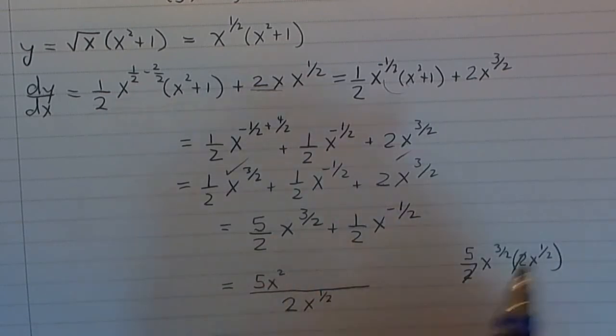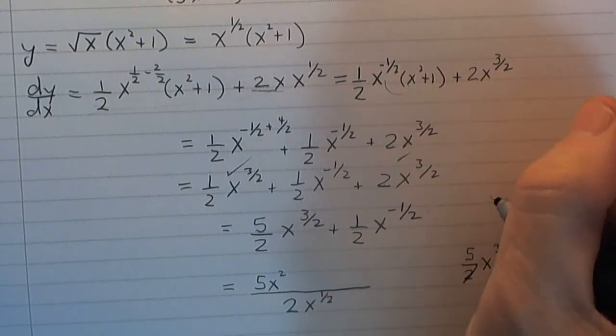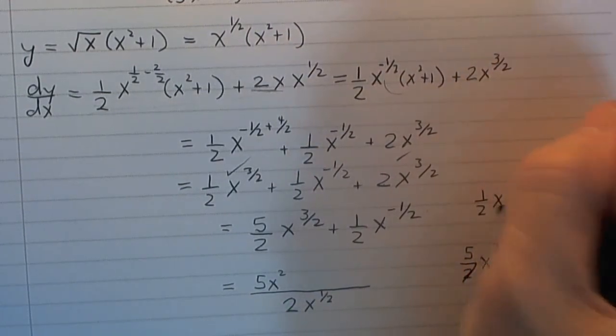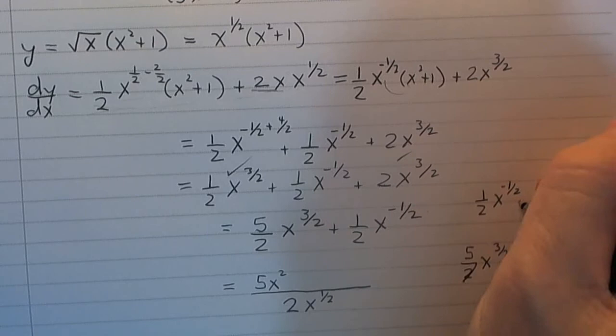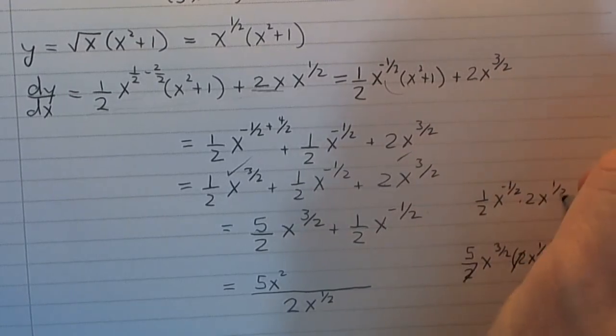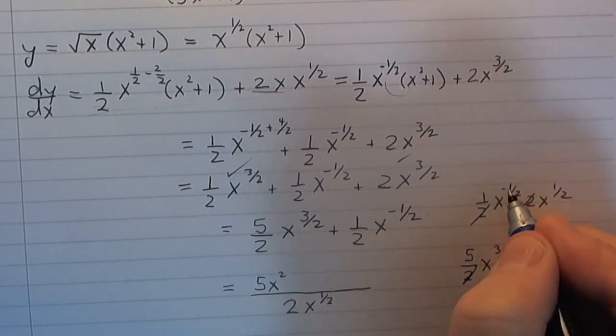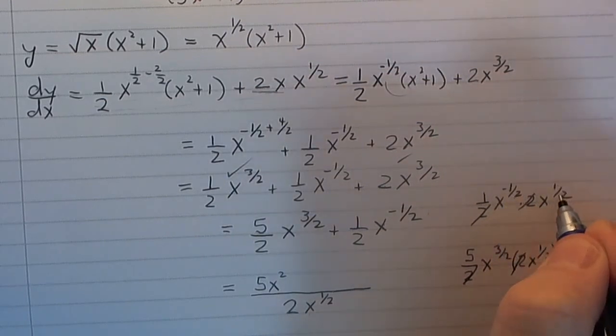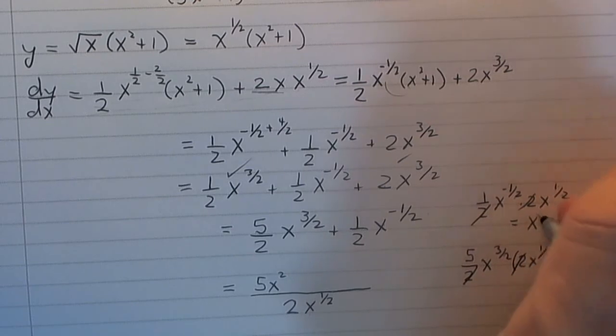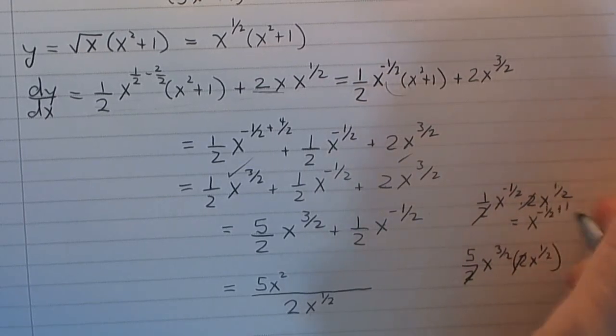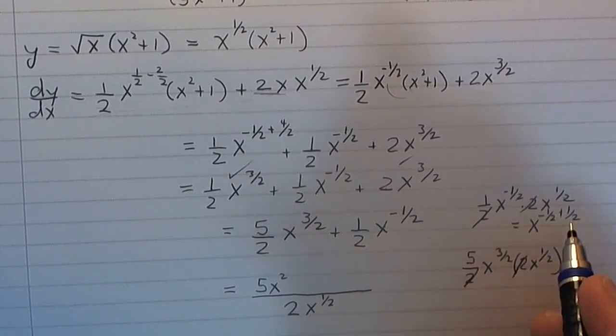Now let's look at the second term. I have 1/2 x to the negative 1/2 times 2x to the 1/2. Let's see what happens there. Well, these 2's cancel. And look at this. X to the negative 1/2 times x to the 1/2, well, that's just x to the negative 1/2 plus 1/2, and that's x to the 0.